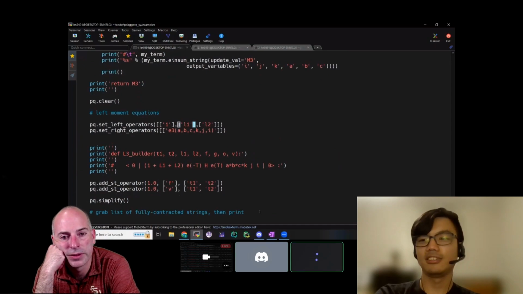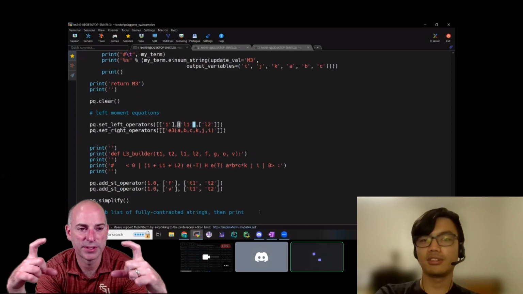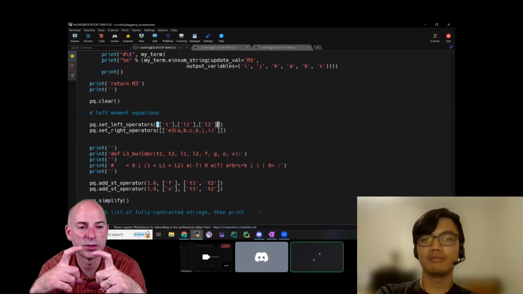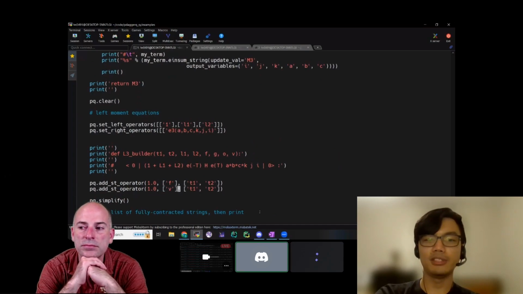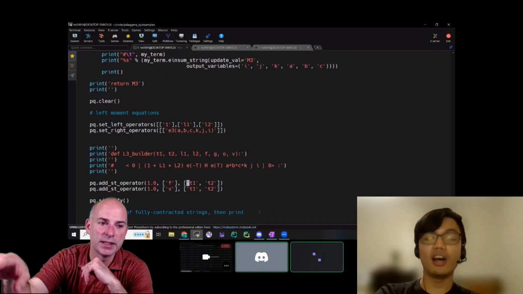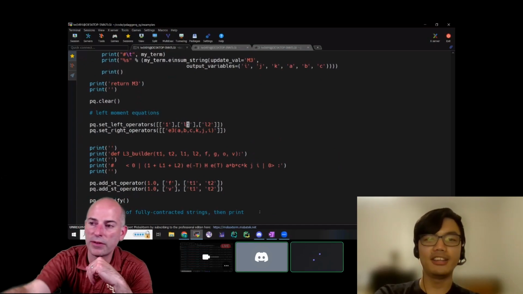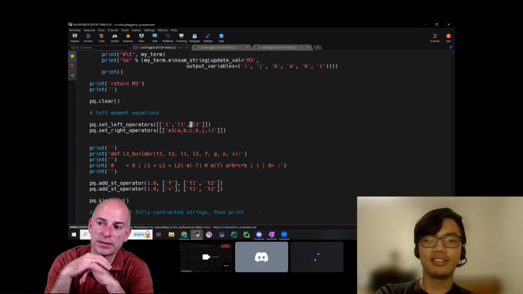Yeah, so the outermost square bracket denotes a sum, and then the inner ones denote products. Yes. So, for example, here in similarity transform operator, it's different in that function. In the set left and set right. So if you have a product, that would be the product of the three. Yes. Yeah.